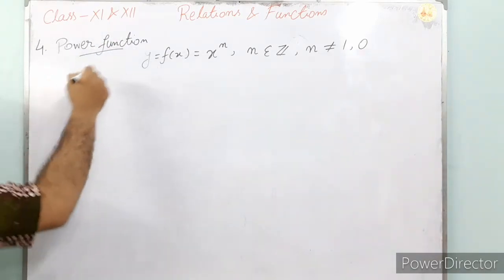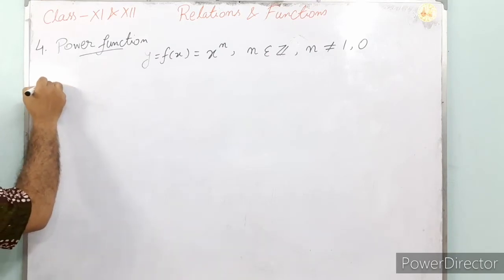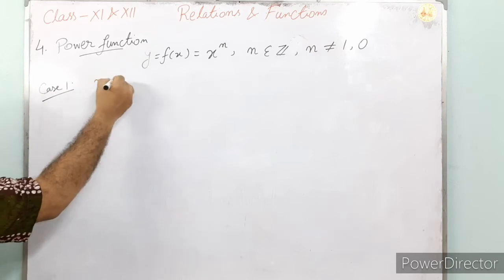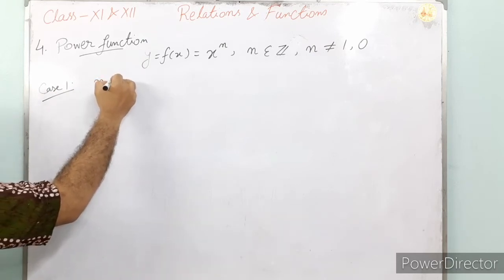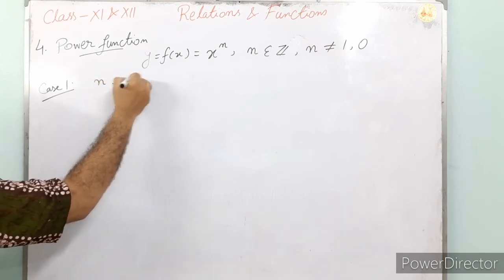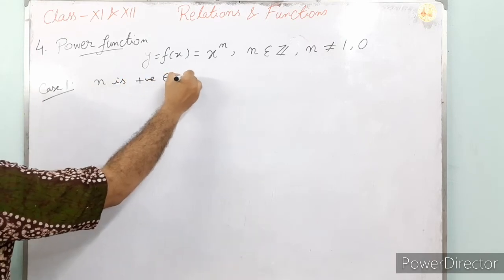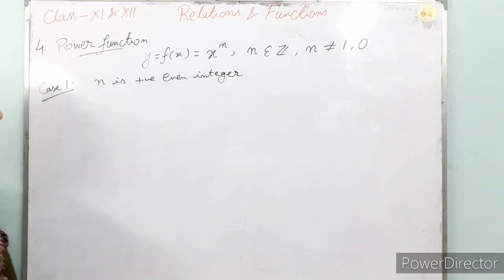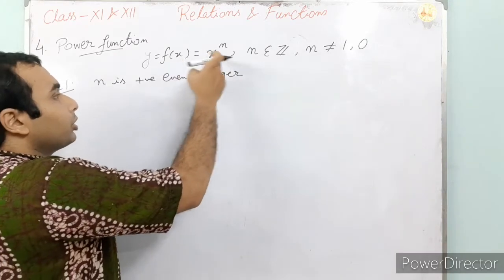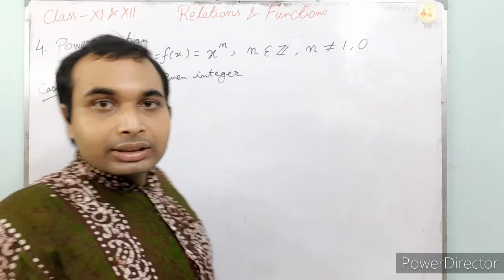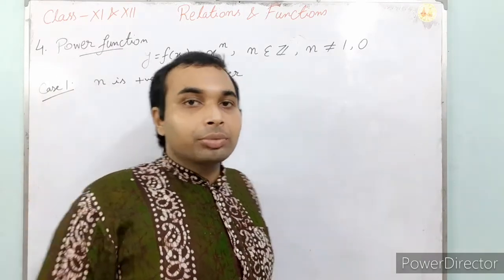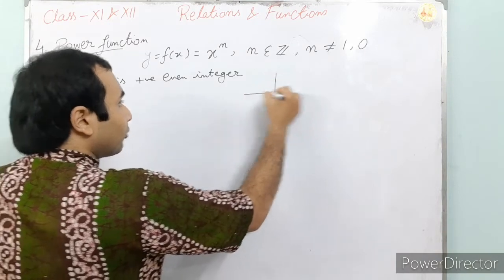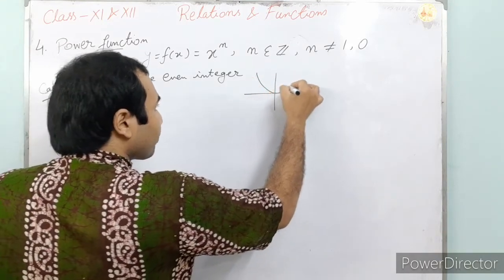Okay. Now, case number 1. If n is a positive even integer, that means y equals x squared, x to the power 4, x to the power 6, x to the power 8 and so on. From the previous description you know the graph will look like this.